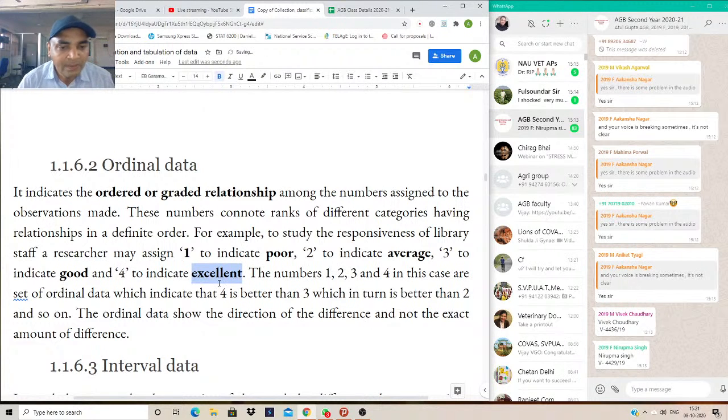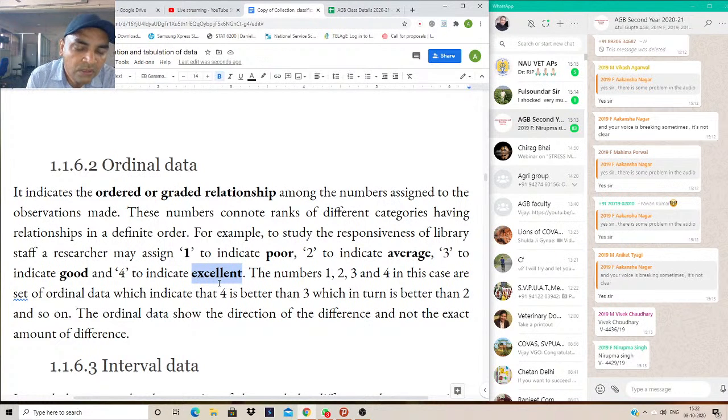Okay, so when placed in an order they have a certain relation with each other. Although we cannot say that good is 3 times the poor, or excellent is 4 times the poor, we cannot say like that. It is simply the ranking. Okay, although we can say that average is better than poor but worse than good.